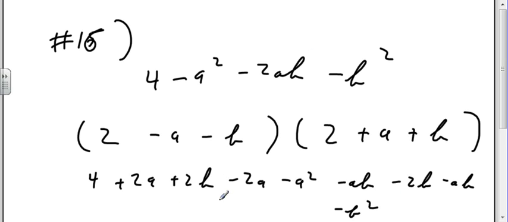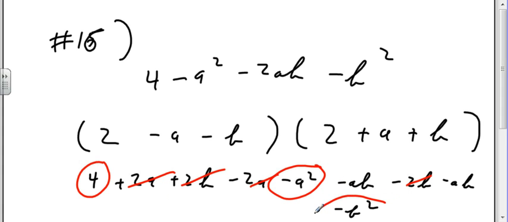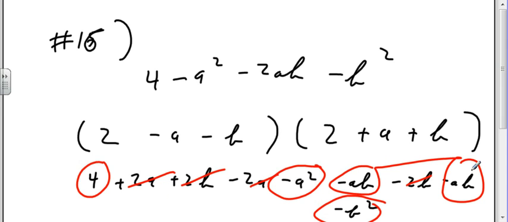Alright, so now let's see, what can I get rid of? I can get rid of these guys. I can get rid of those guys. There's the 4 I need. There's the minus a squared minus b squared I need. And there's the minus ab that I need.